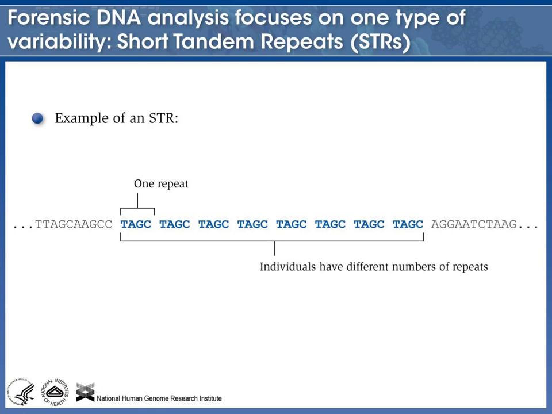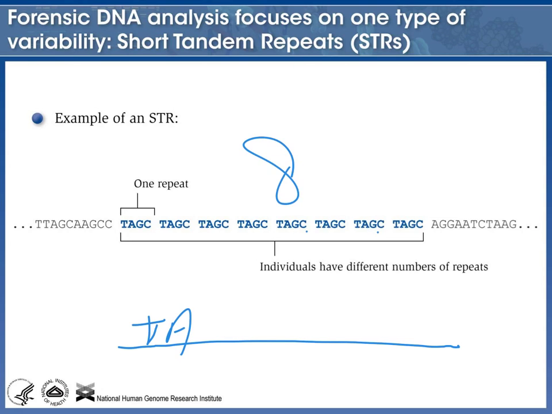So instead of just saying this person has a C here or an A here, one person might have 8 repeats, and another might have T, A, G, C, T, A, G, C, and only have 2. That's how they actually do it.